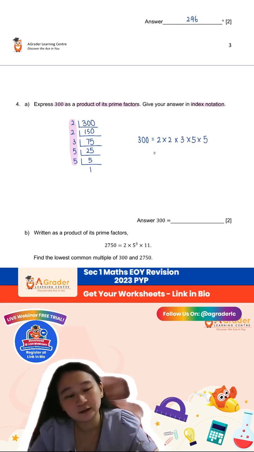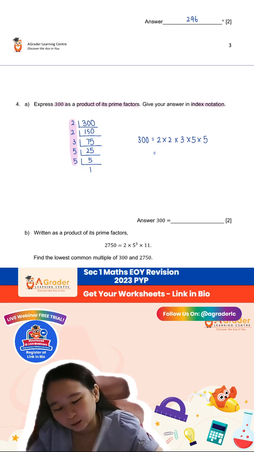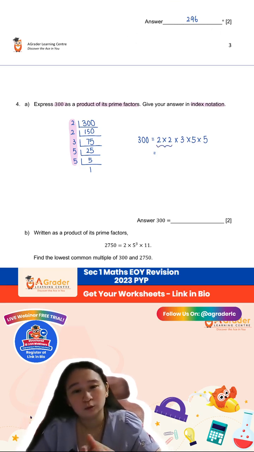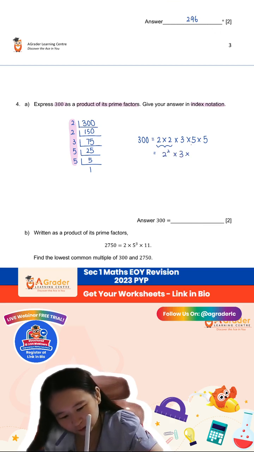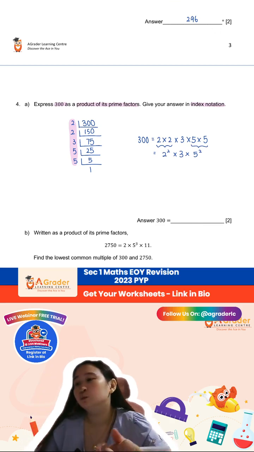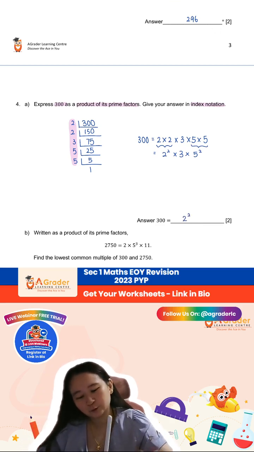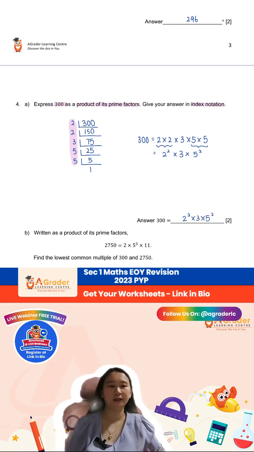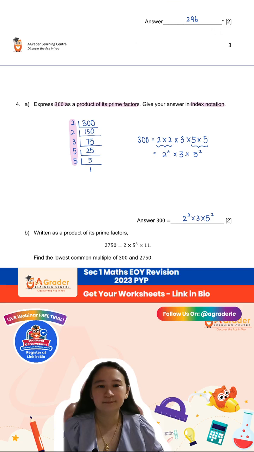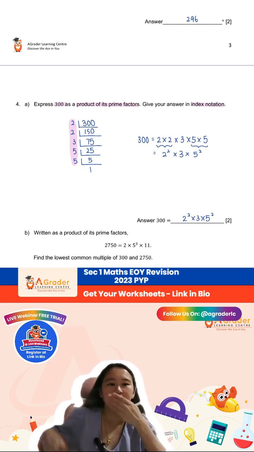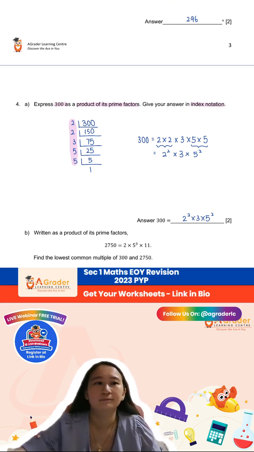This is not index notation. We have to leave it in terms of the powers. So we have 2 squared times 3 times 5 squared. So this is in index notation. Okay.